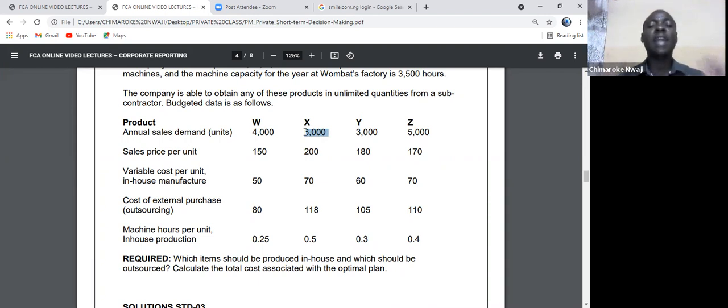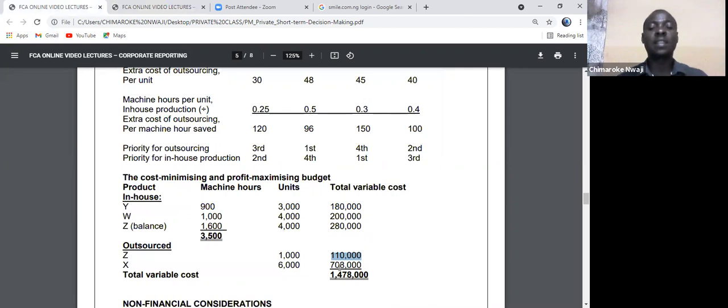The whole X will be outsourced because we are going to spend the least extra costs. And now what is the total cost for X we are going to be spending? 118 naira. 118 multiplied by 6,000, we are going to be spending 708,000 naira.